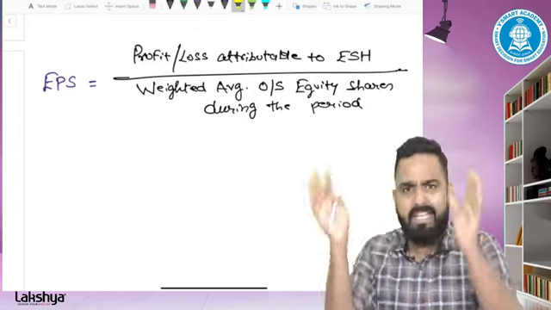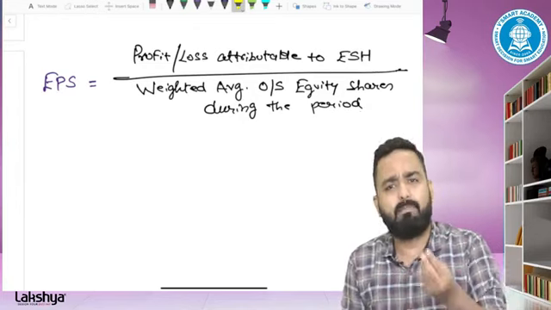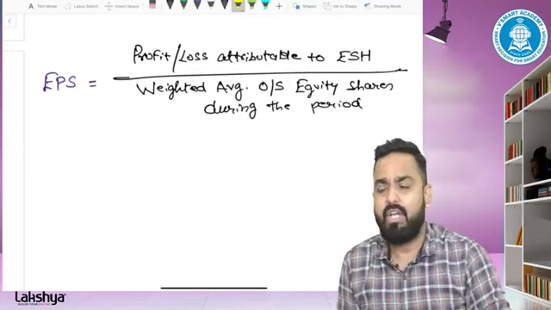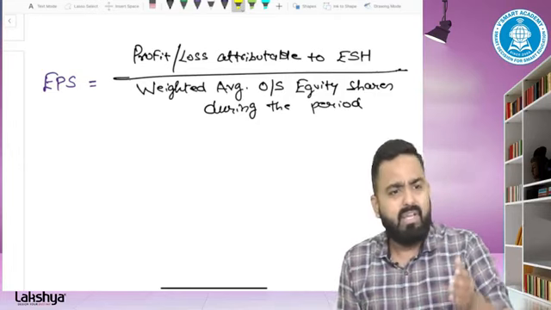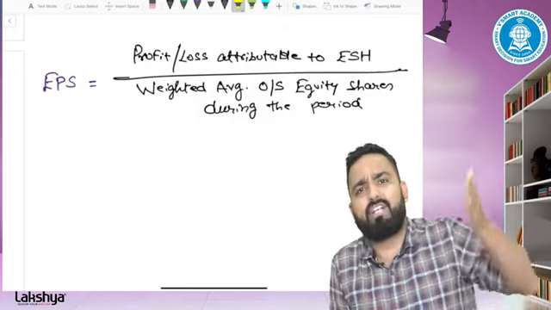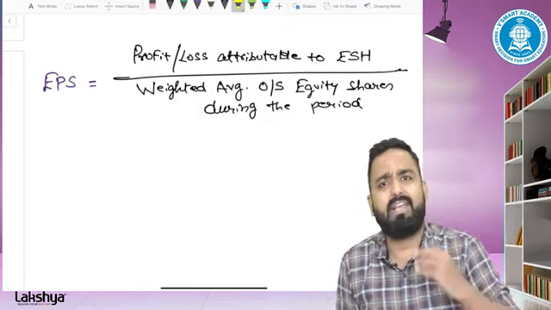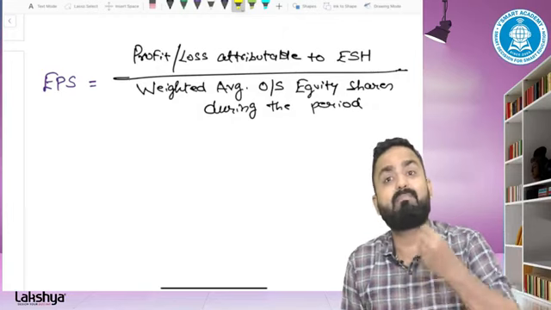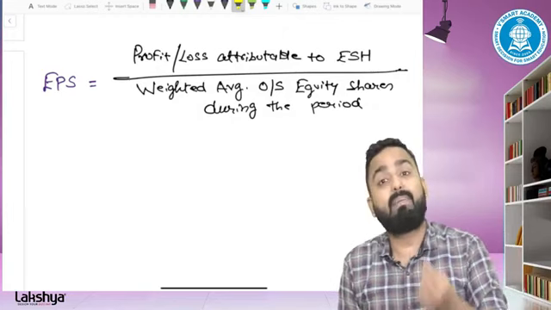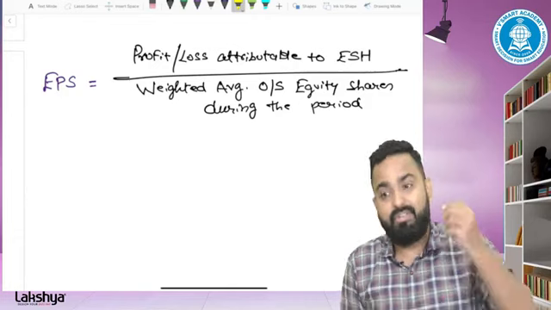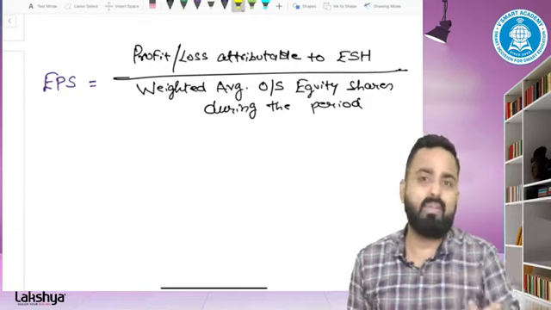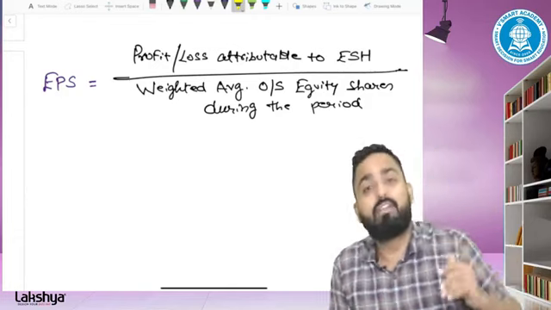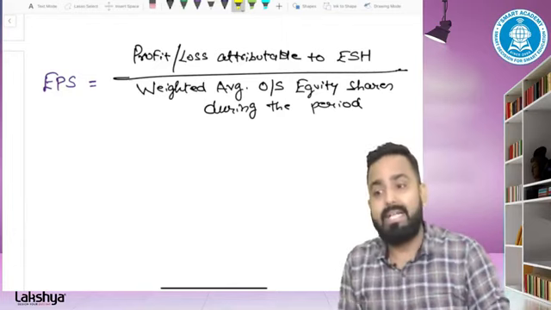Suppose we are calculating EPS for a particular financial year. In that financial year, we had some opening outstanding shares, say 1 lakh. During the year, we made some public issue of the same equity shares, or we made some right issue of the same equity shares which were already outstanding during the year.